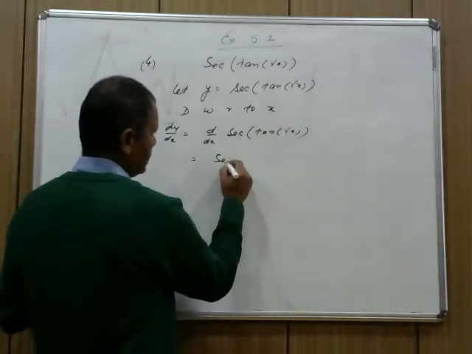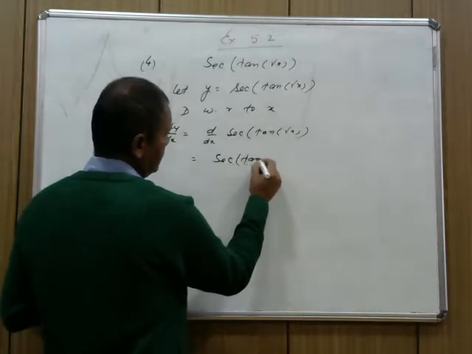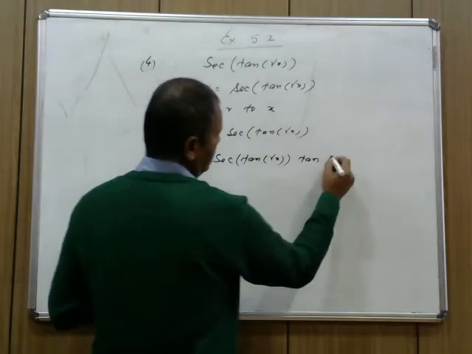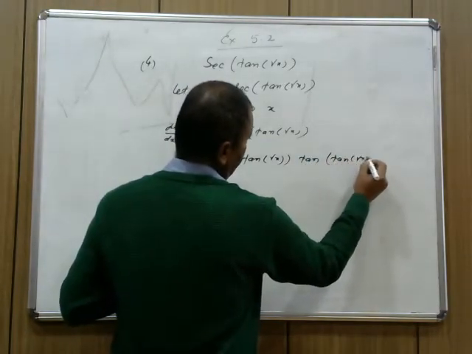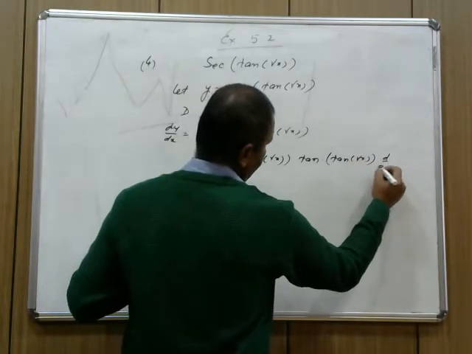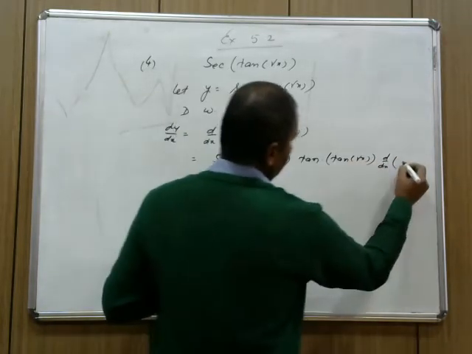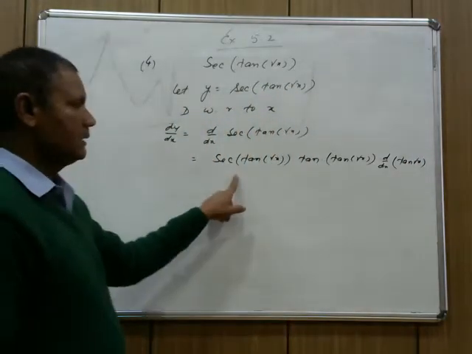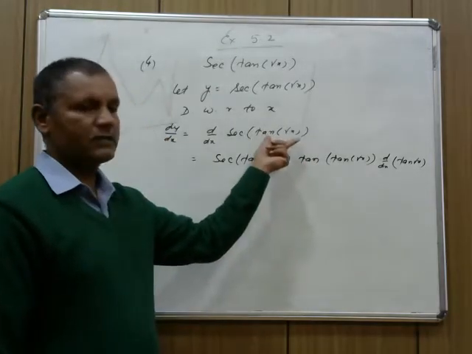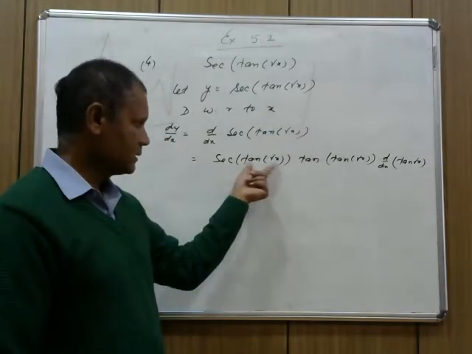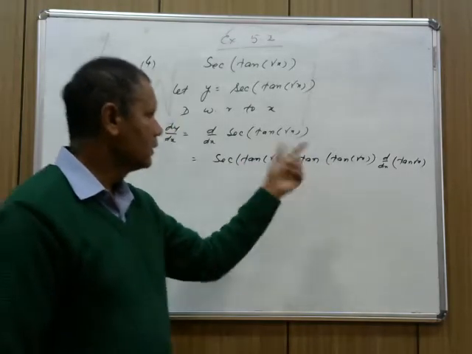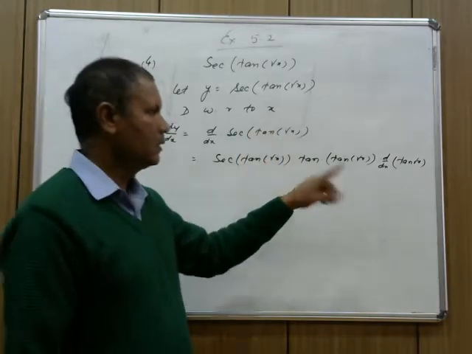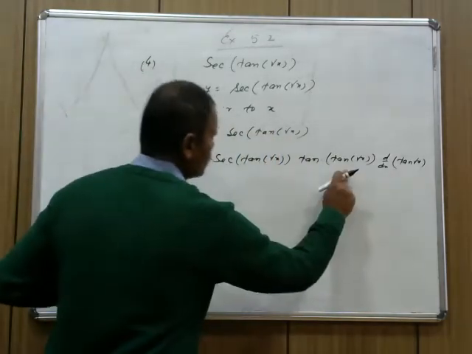Now in place of x we have tan under root x, sec tan root x into tan root x into differentiation of tan root x. Now these two functions will remain as it is.